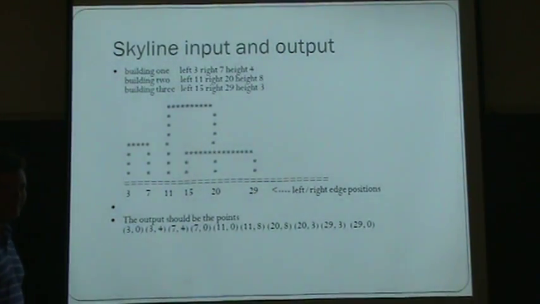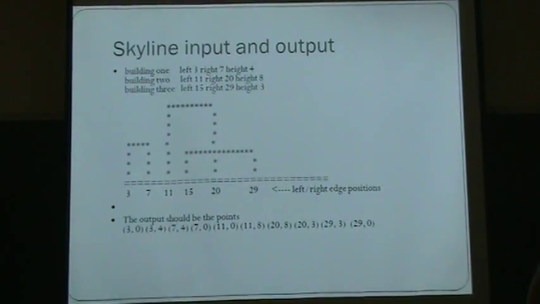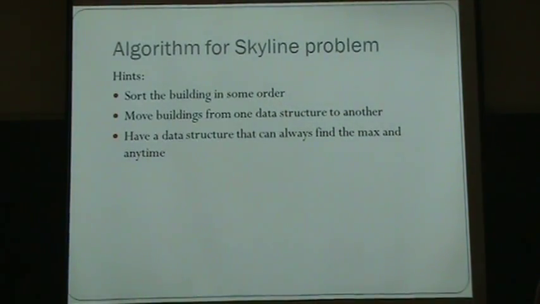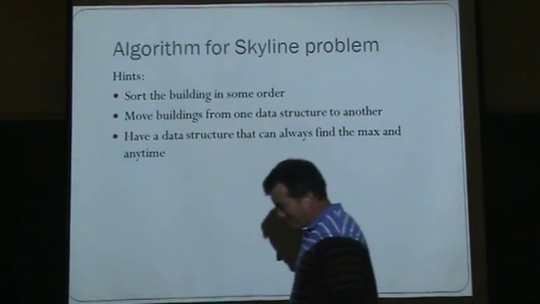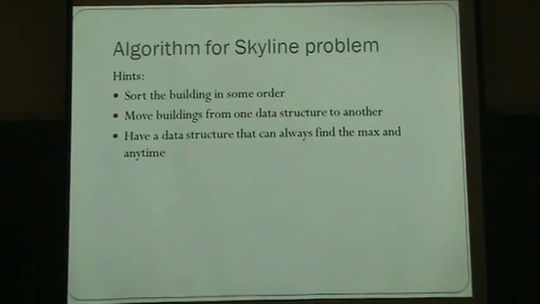So this is just a little flavor of how we can take problems. This was the hint for what we've just been talking about: sort the buildings in a particular order, move the buildings from one data structure to another, and have the data structure have something that can find the max at any time.